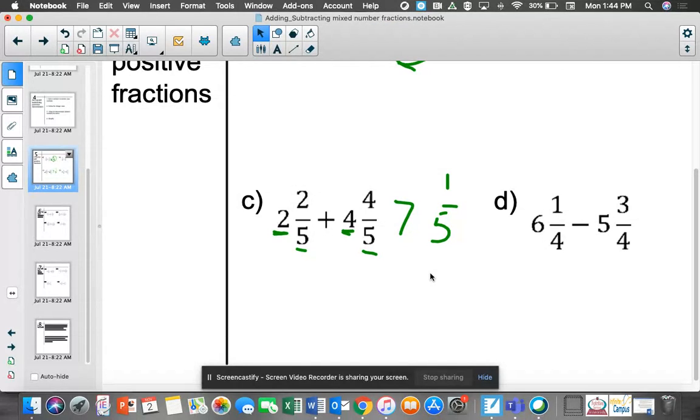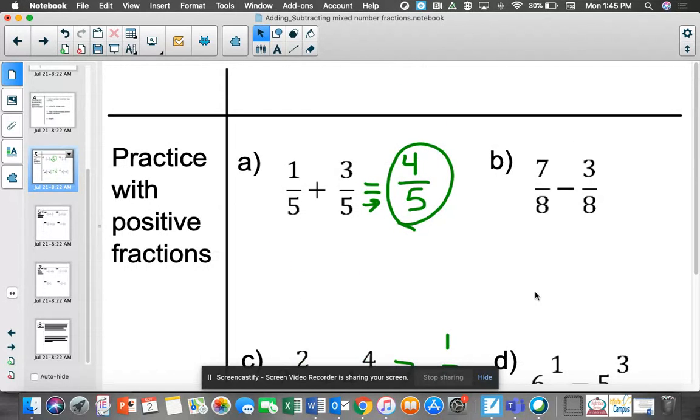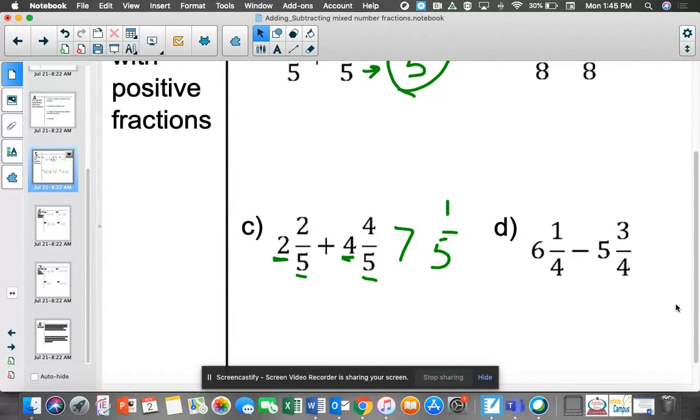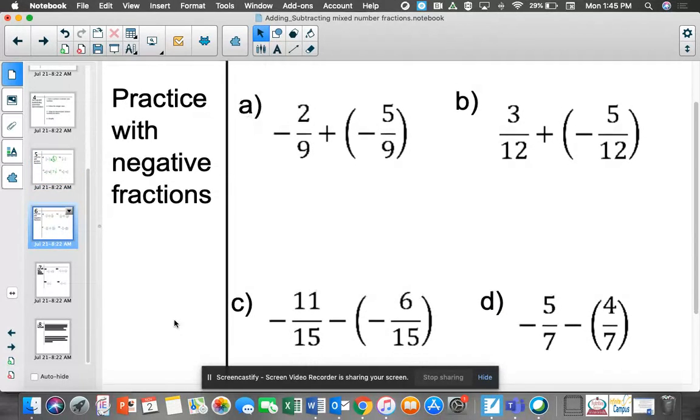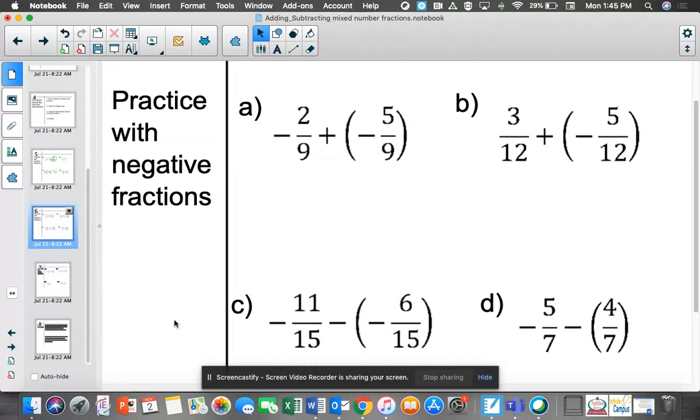Now you will do letter B, which is 7/8 minus 3/8. D, 6 1/4 minus 5 3/4. Next, A, negative 2/9 plus negative 5/9.